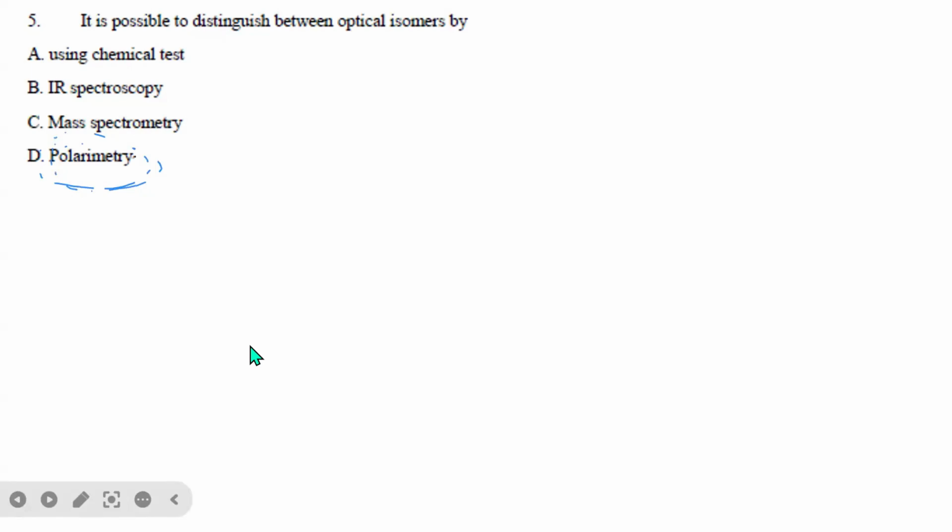Like for example, let's look at a compound like this. Let's say we have CH3 here, and we have NH2 here, then we have H here, and let's say we have COOH here.